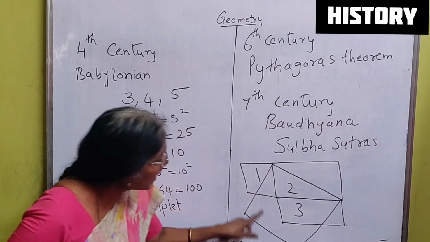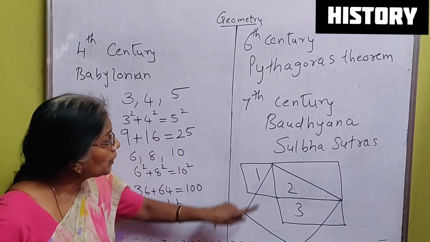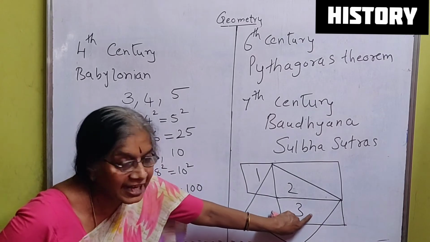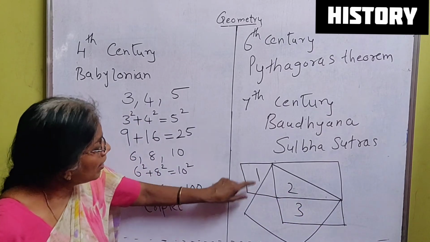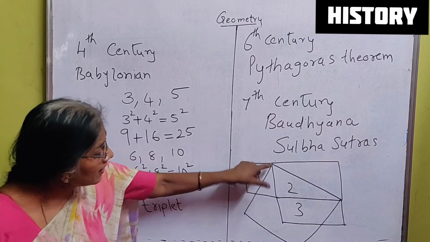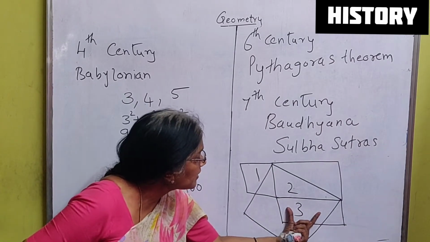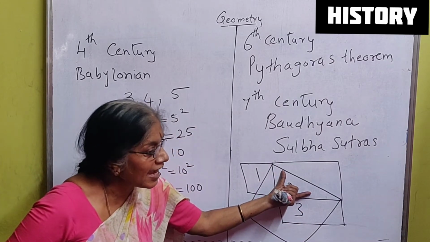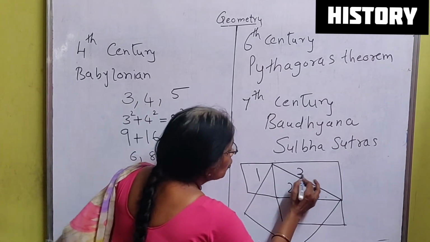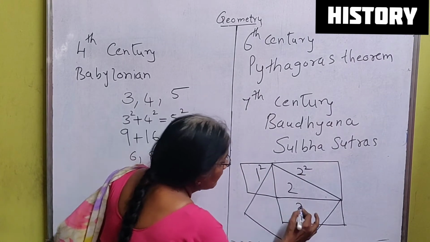The second area is equal to the sum of the first area and the third area. That is, the square of the side of the rectangle and the square of the side of this rectangle, and the square of the diagonal. So 2 square is 1 square plus 3 square.